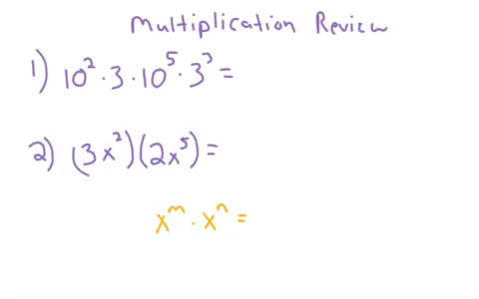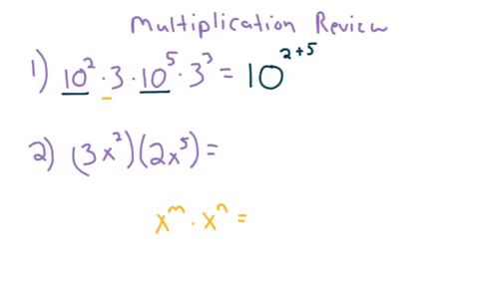And just a little bit of a review for multiplication. Remember, you look for any similar bases. So here I had a base of 10, a base of 10, so I'm going to rewrite that base of 10. And remember, I do not multiply my exponents, instead I add them. So I would be doing 10, and then my exponents, 2 plus 5.